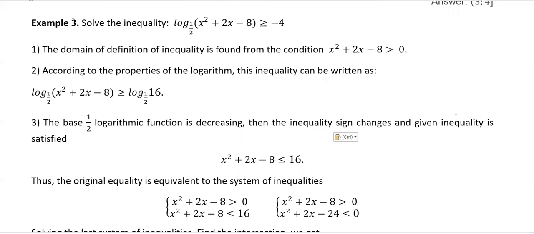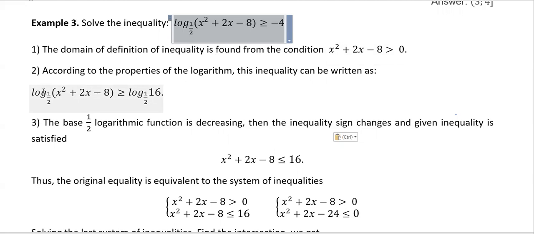Next, example number 3. Consider this logarithmic inequality. The domain of definition of the inequality is found like this condition, and according to the properties of the logarithm, we rewrite this inequality in this form.